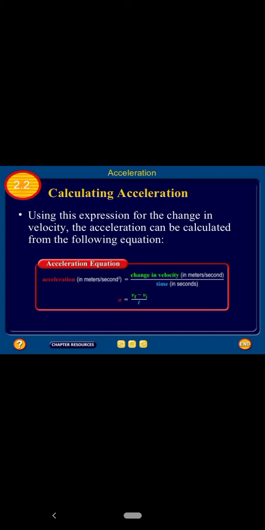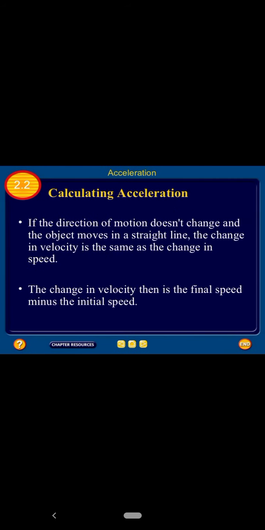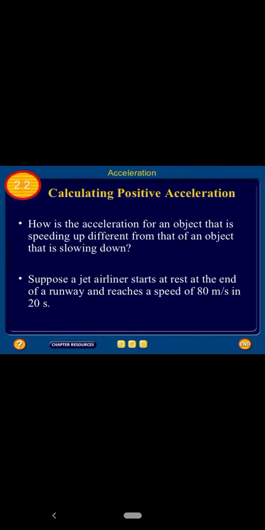The unit of acceleration in the SI system is meter per second squared, the unit of velocity is meter per second, and that of time is second. If the direction of motion does not change and the object moves in a straight line, the change in velocity is the same as the change in speed. The change in velocity then is the final speed minus the initial speed.